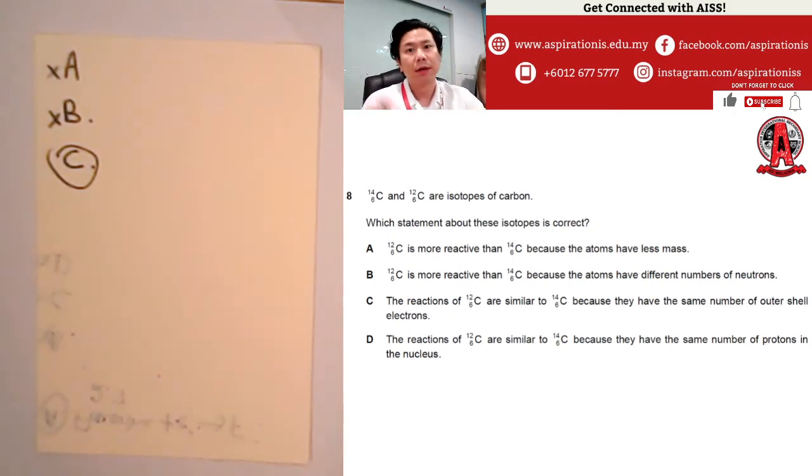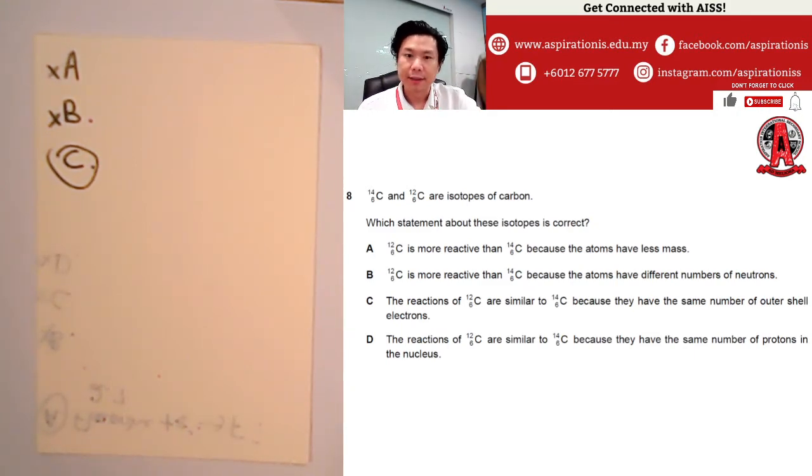Absolutely right. You will know that the chemical behavior between two atoms or substances depends mainly on the number of valence electrons, the number of electrons on the outermost shell.